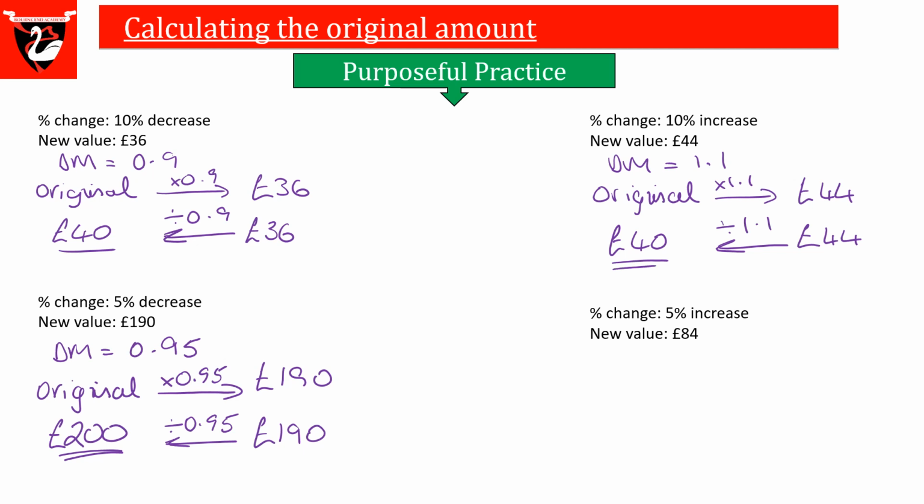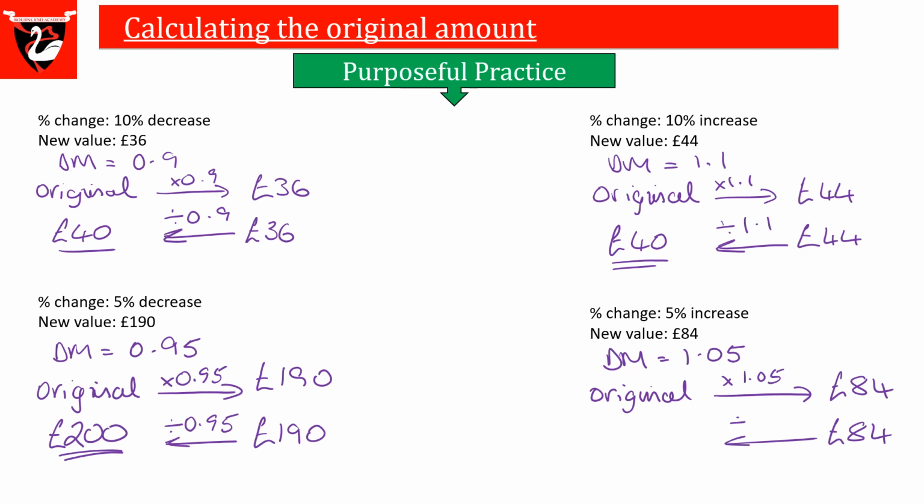The next question this time is a 5% increase, so our decimal multiplier is 1.05. We have our original. We're going to multiply by 1.05, and that would give us a new amount of £84. We reverse, so we divide by 1.05, giving us an original amount of £80. So well done if you got those questions correct.